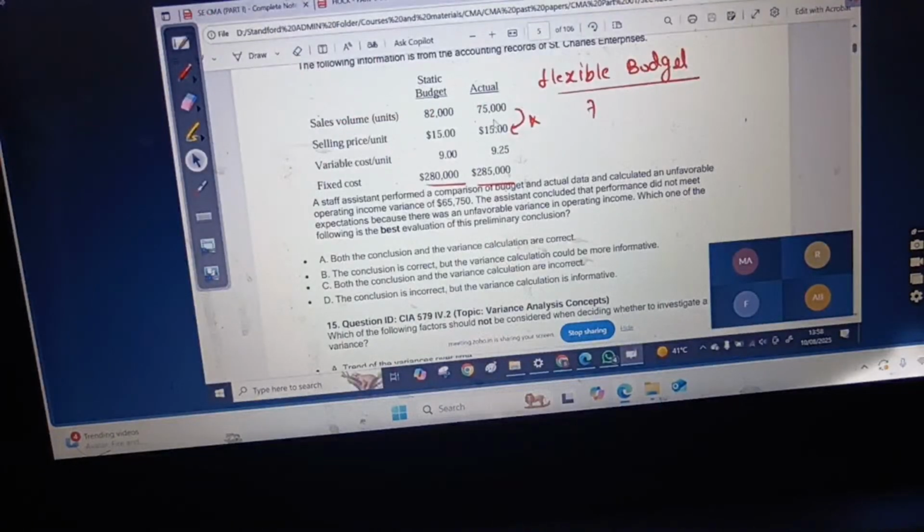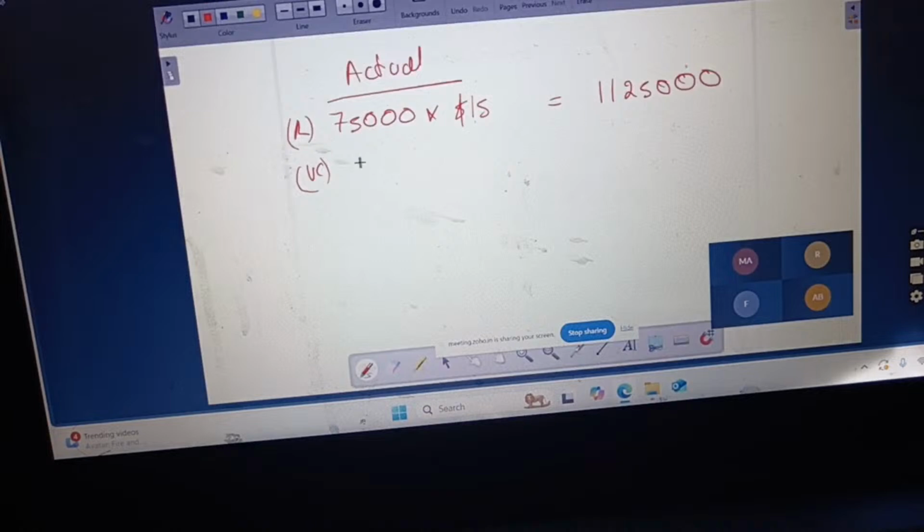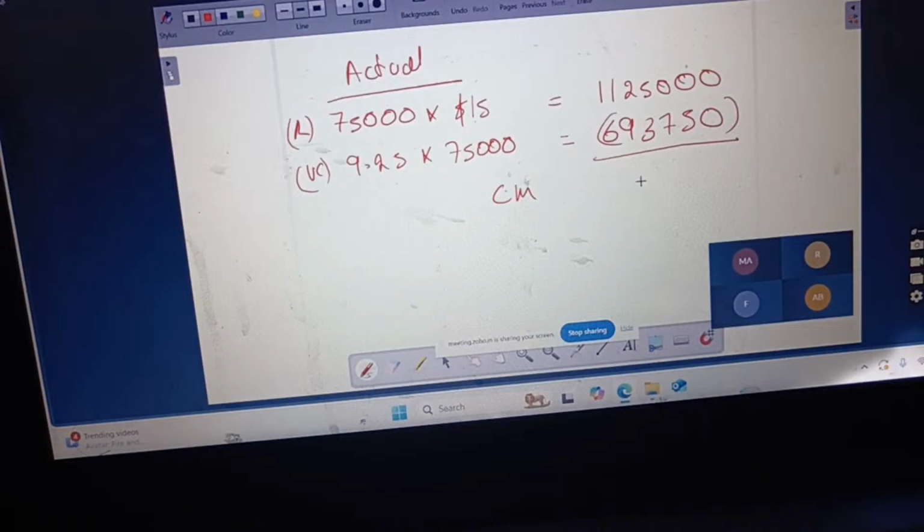They have given it per unit. 9.25 multiplied by 75,000 is 693,750, the variable cost. Sales minus variable cost, what we get is the contribution margin. How much is that? 431,250. Right?